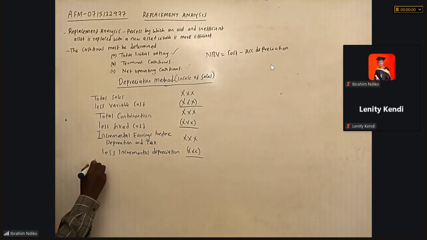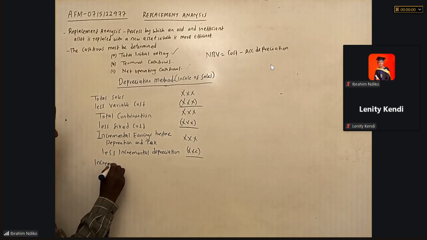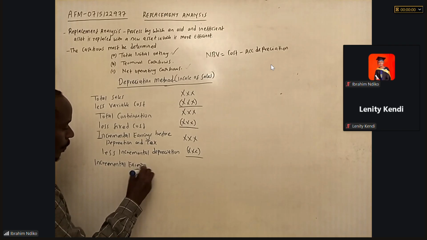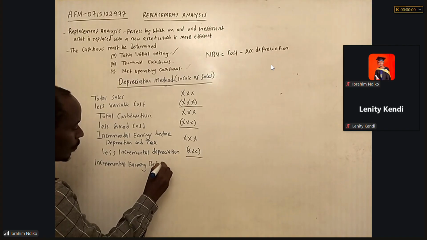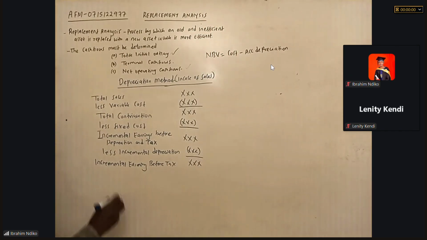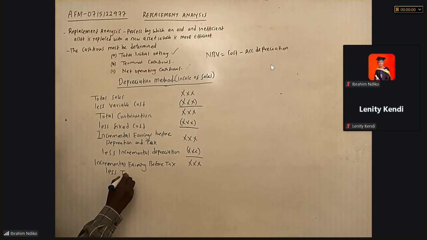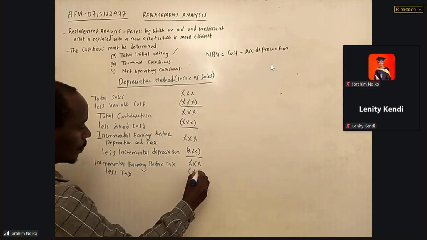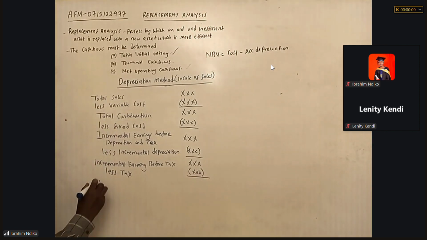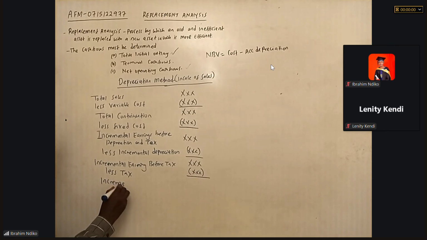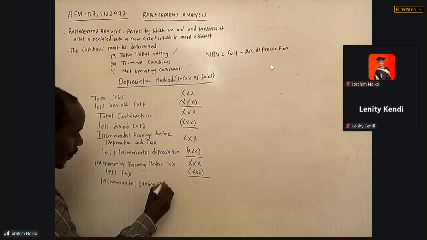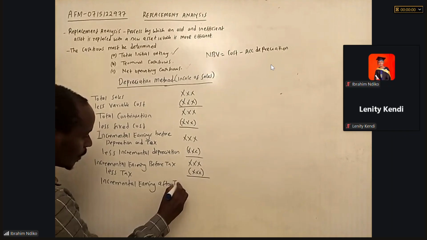Then we get incremental earnings before tax. Then you are supposed to less tax. We get incremental earnings after tax.